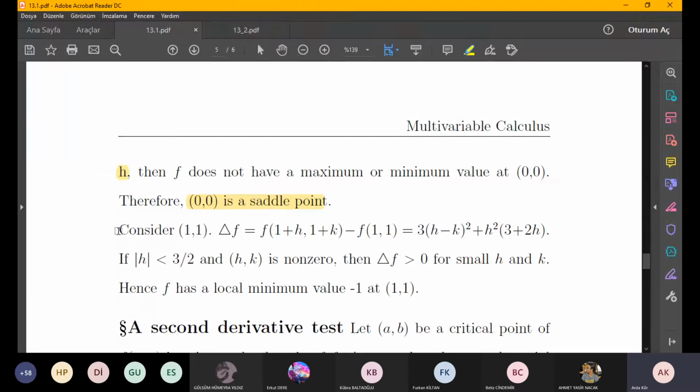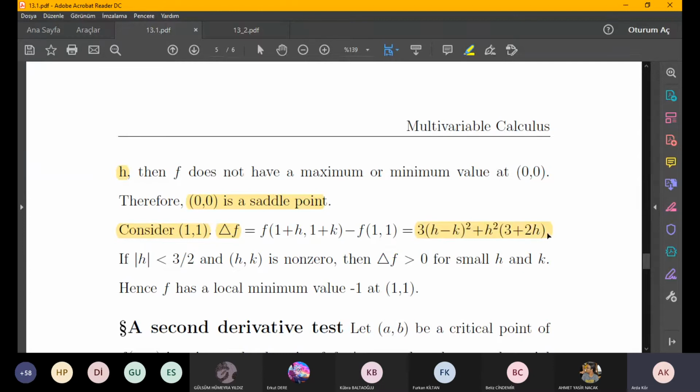To classify the other critical point, (1, 1), again we compute delta f, which will be this time 3 times (h minus k) squared plus h squared times (3 plus 2h).